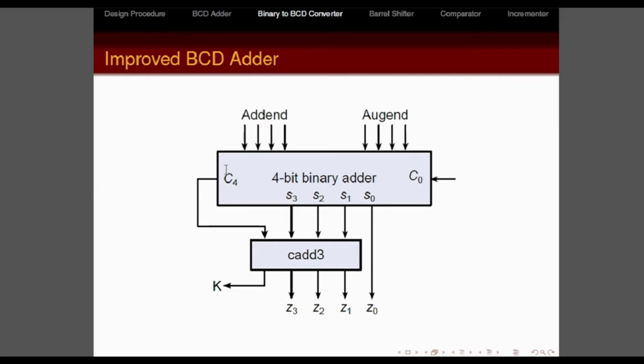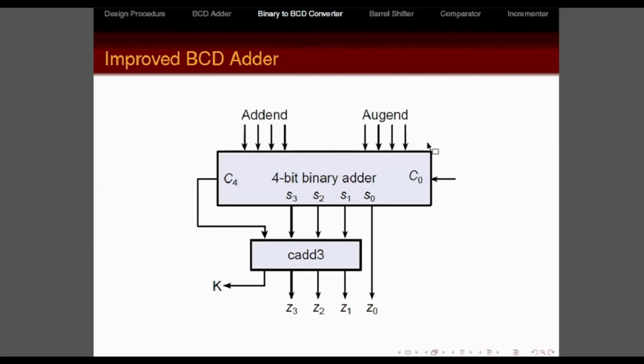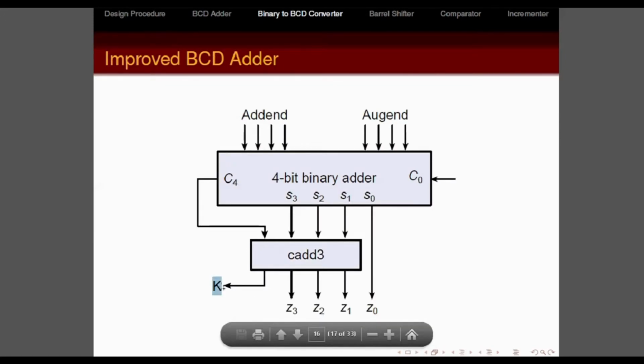Fewer components, yes? Because you use only one 4-bit binary adder, and then you apply the CADD3. How you apply this is based on this rule, right? So you get the CADD3 and you get the output. K can only be 0 or 1. For example, when you add, if your output is 1001, which is the number 9, the output will remain 1001.